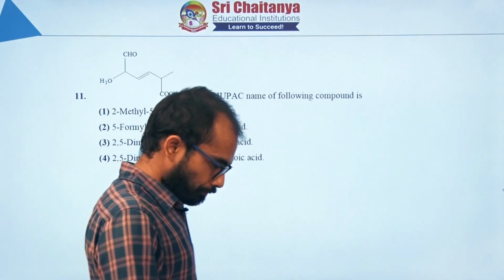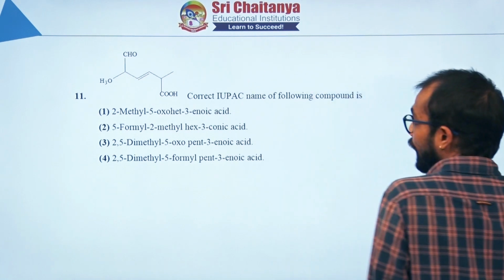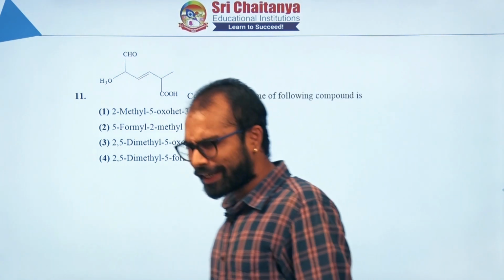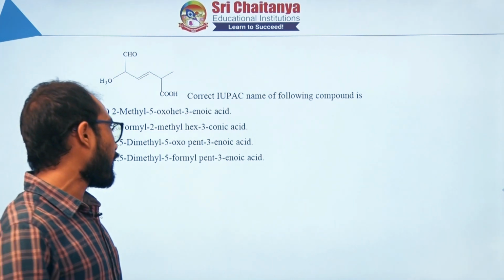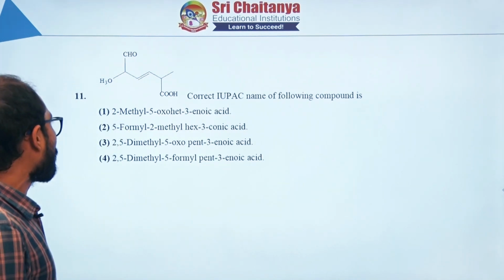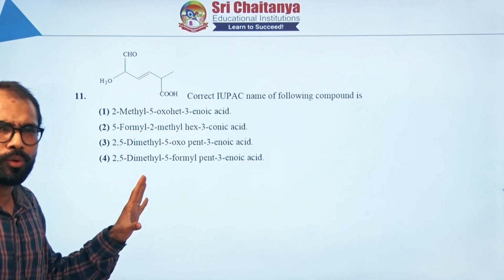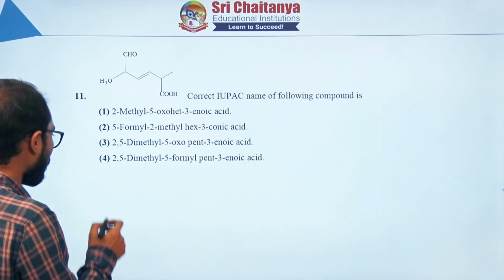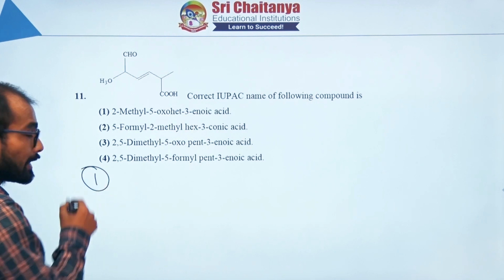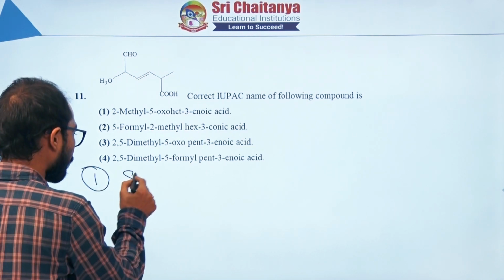So the next question is again from organic chemistry, and here they are asking nomenclature, which is a rare thing. I guess you people are lucky. Now in this particular question, what they really want to ask you is the selection of the main chain. Now how is the main chain selected? There are some priorities. First, the senior functional group has to be there.